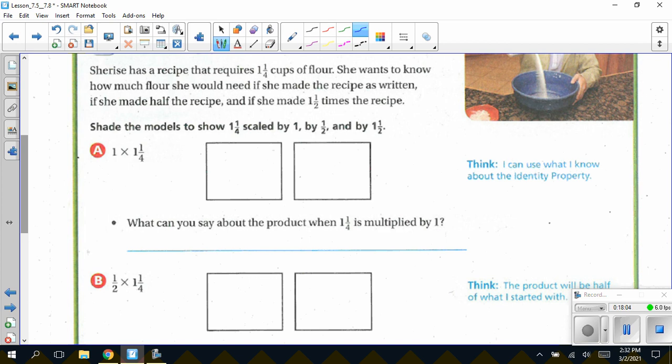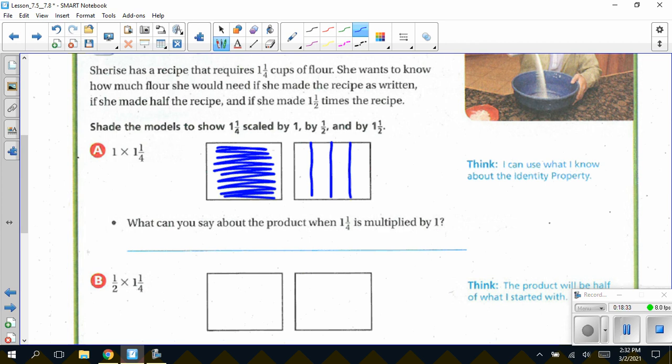So for part A, they want us to shade the models to show 1 1/4 scaled by 1, and then for part B, scaled by 1/2, and then part C by 1 1/2. So for part A, obviously if you have 1 1/4, you are shading in one entire rectangle. And then the second rectangle, to show my 1/4, I'm going to break that into 4 equal sections.